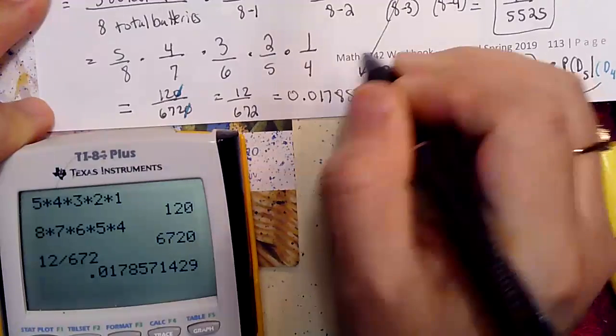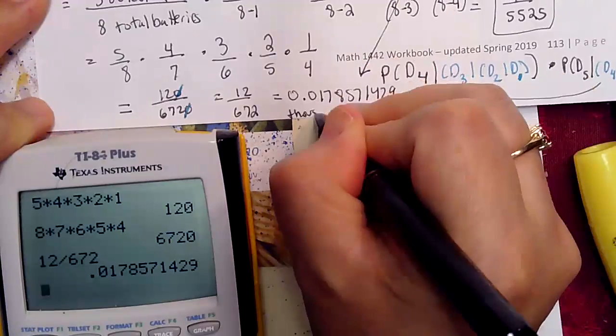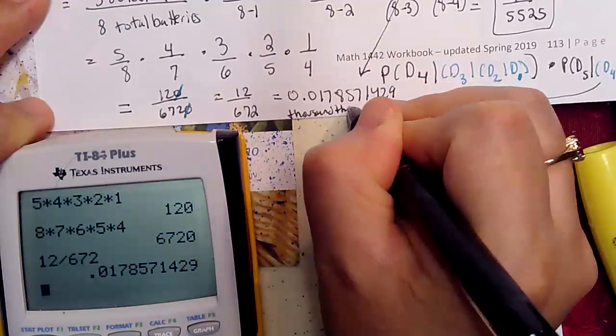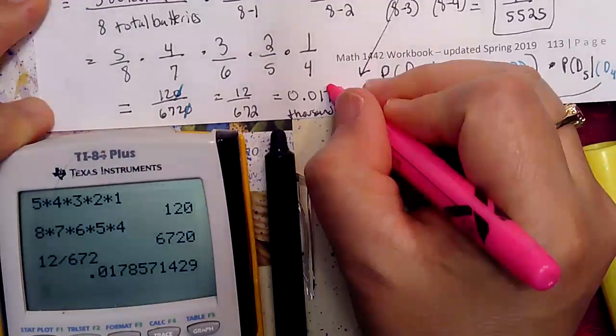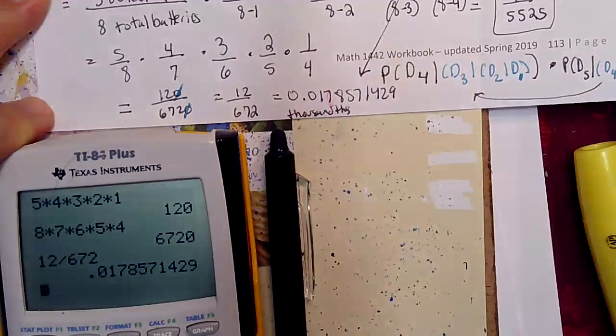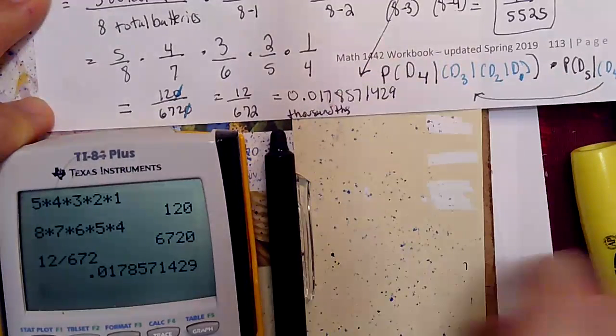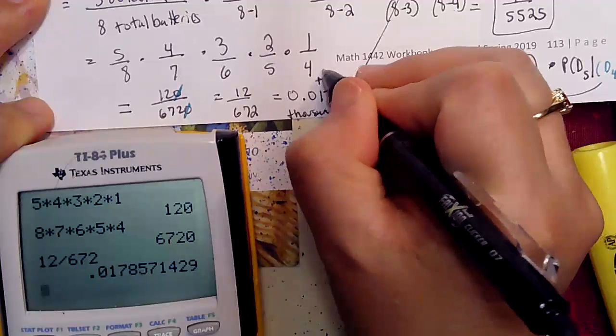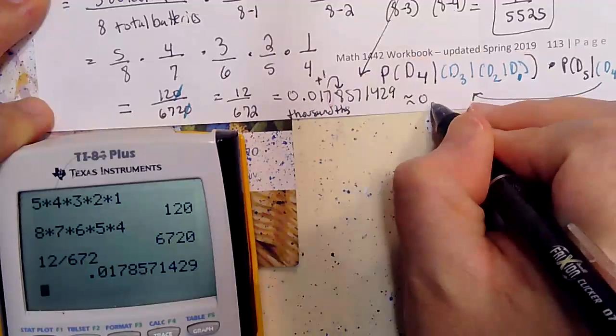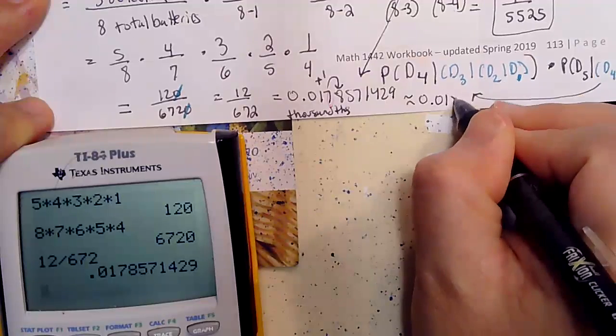And if I round to the nearest thousandths, I look at the number to the right, is that 5 or more? Yep, that's an 8. So I have 0.018.